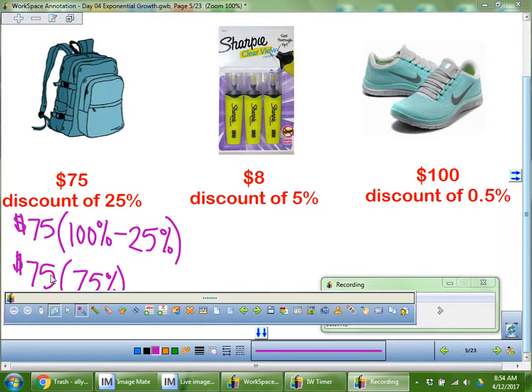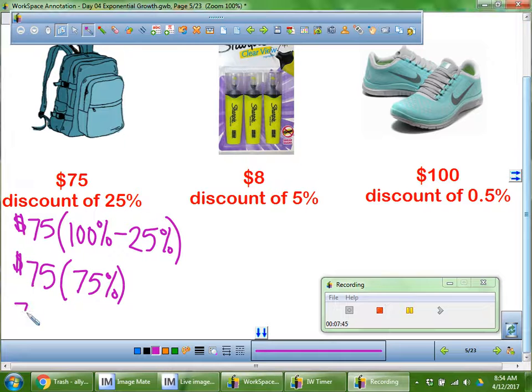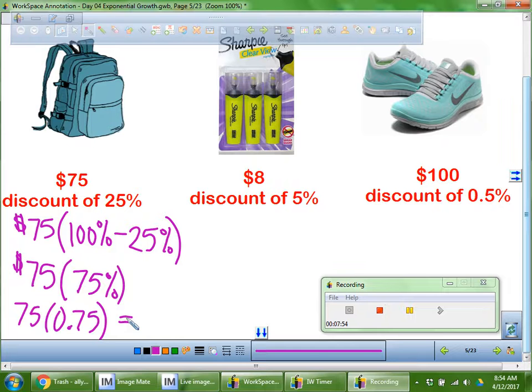Which we could write as 75 times 0.75. So that would be $56.25. We're subtracting. That's the difference. Growth, we're adding. Discount, we're subtracting.